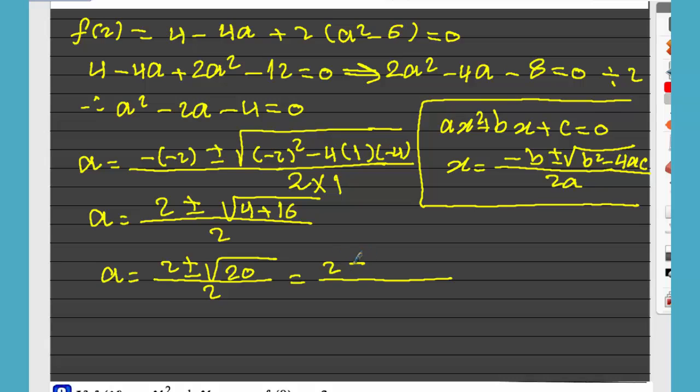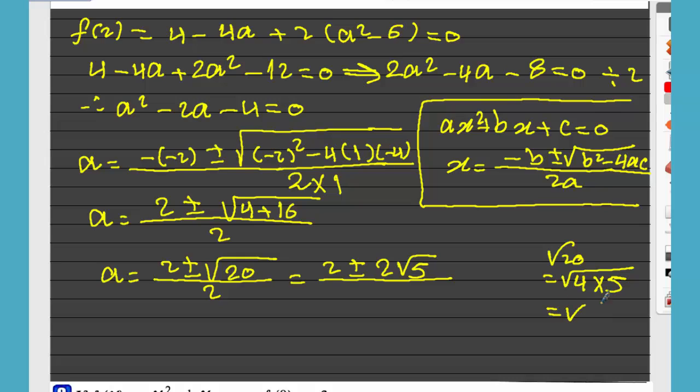We have 2 positive or negative root 20 equals 2 root 5, as root 20 equals root 4 multiplied by 5, right?